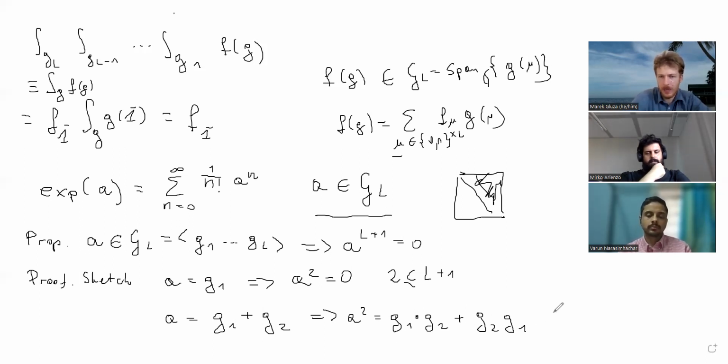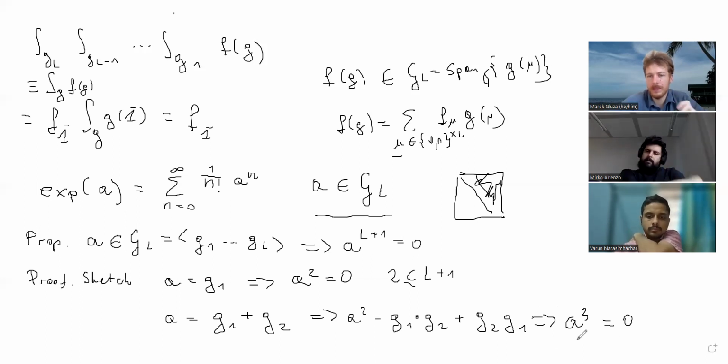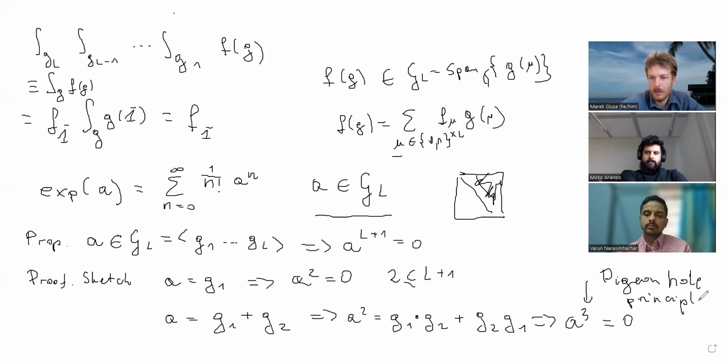So depending on how you do it, but if this wouldn't be 0, then I could still add a to the power 3, and this would have to be 0, and that's sort of my point, which is basically called the pigeonhole principle.